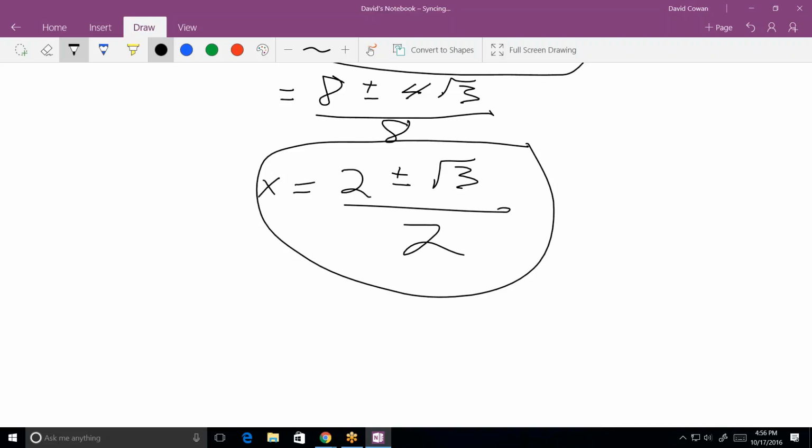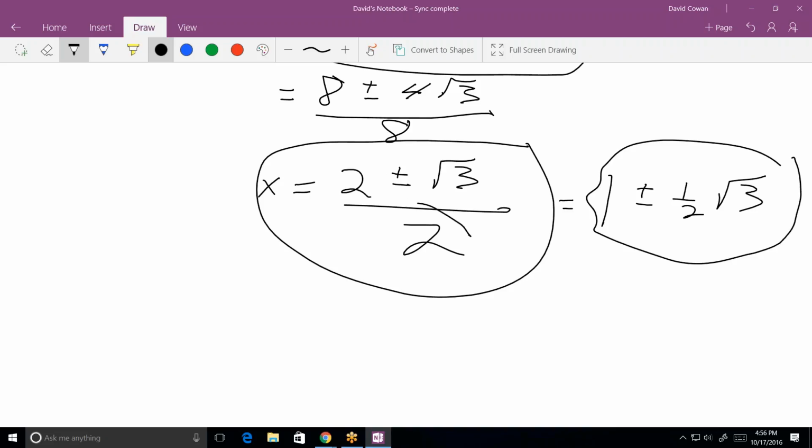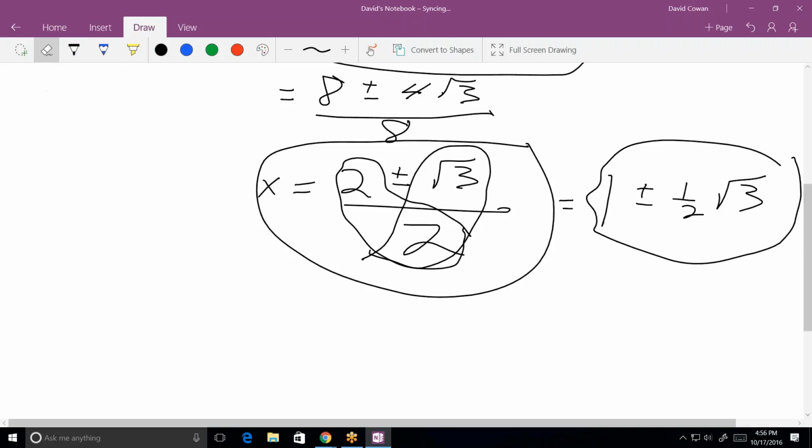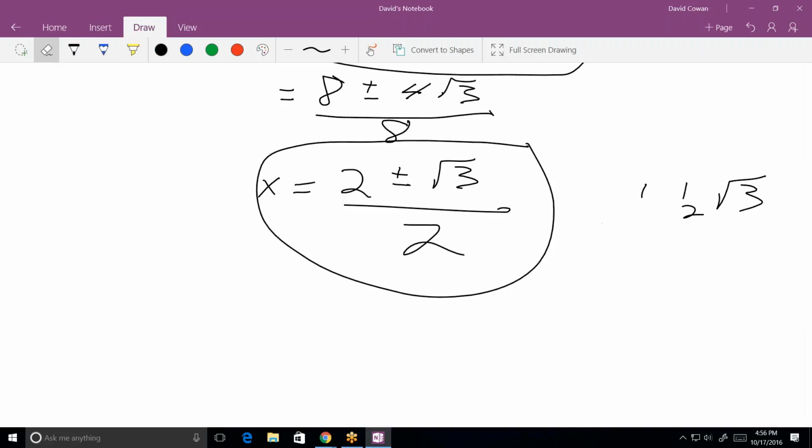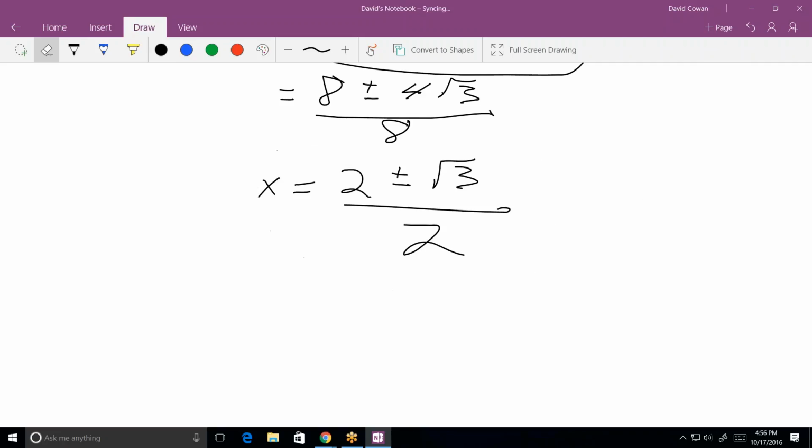Okay? I could change it a little bit. In other words, that's also equal to 1 plus or minus 1/2 root 3. So that would be an acceptable answer, is all I've done is turned it into 2 fractions. Right. And you don't normally do that. In other words, this is a typical looking answer from a quadratic, so we kind of leave it like this.